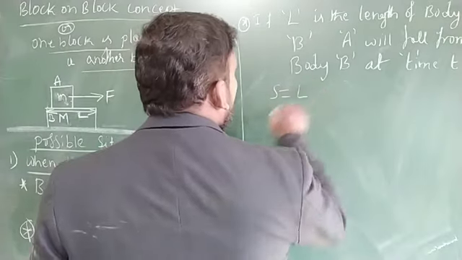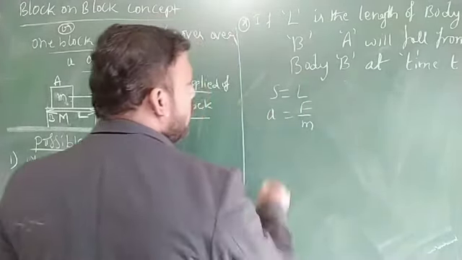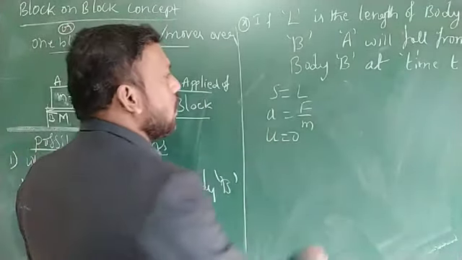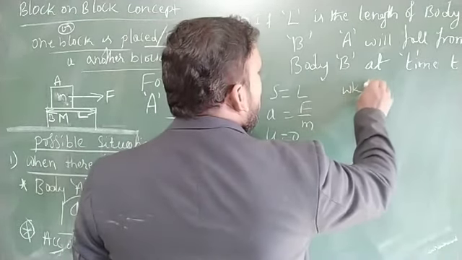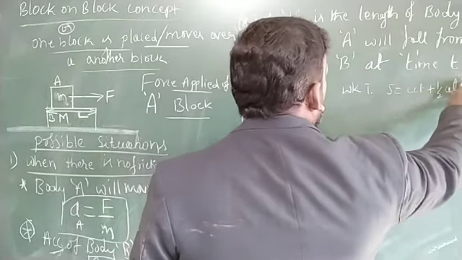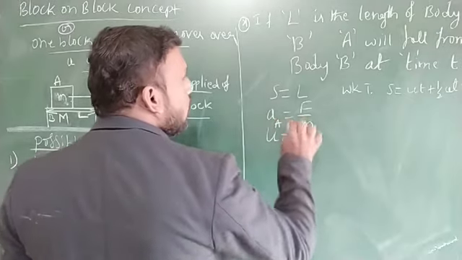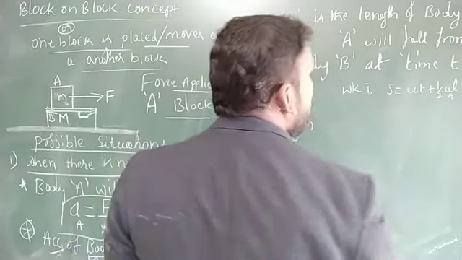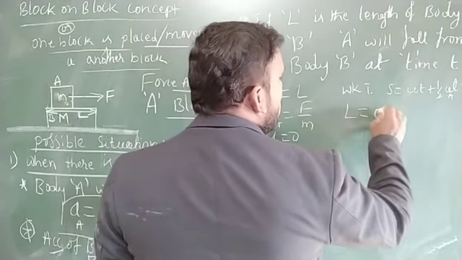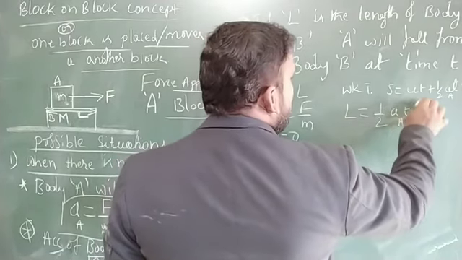S is equal to L, a is equal to F divided by m, u is equal to 0. We know that s is equal to ut plus half at square, so L is equal to 0 plus half at square.